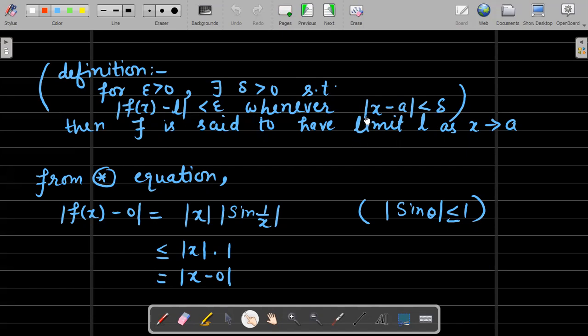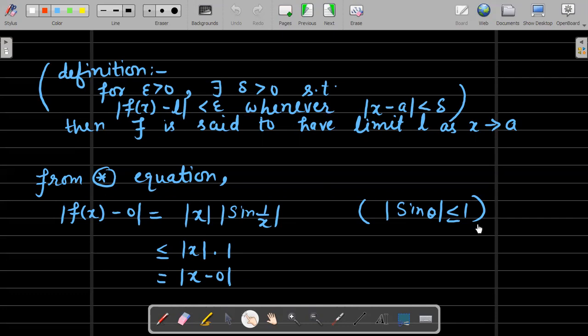So we need here |x - a|. Here our a is 0. So we need |x - 0| < delta. From the star equation, |f(x) - 0| is equal to |x| times |sin(1/x)|. And we know that |sin(theta)| is always less than or equal to 1.